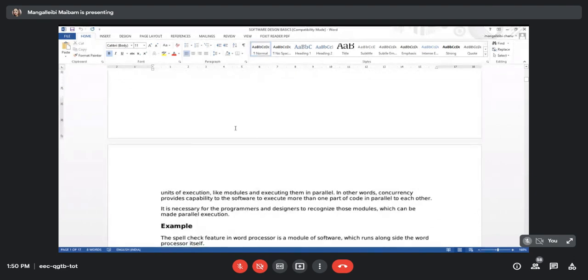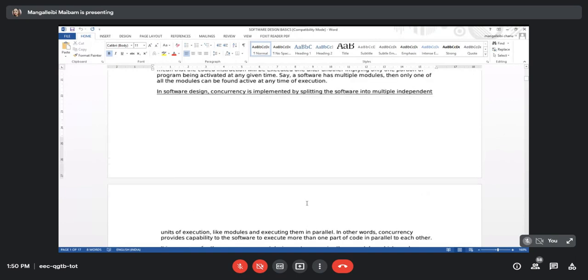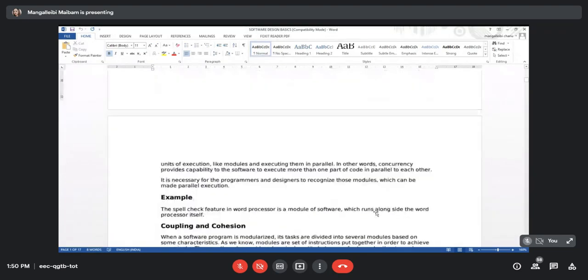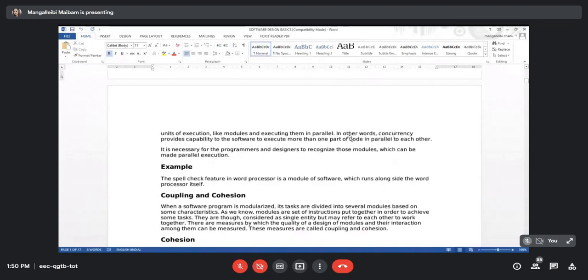Just like we are dividing into different modules, they are also divided into different units of execution and executed in parallel. You can see this step. Concurrency provides the capability to the software to execute more than one part of code in parallel to each other. Each unit of execution will be executed in parallel.